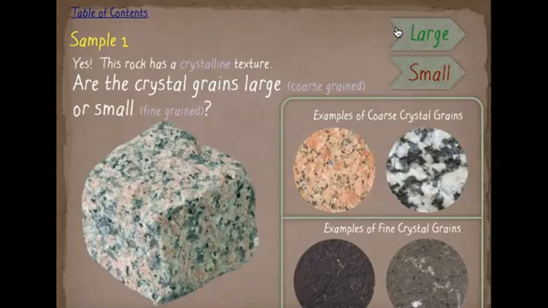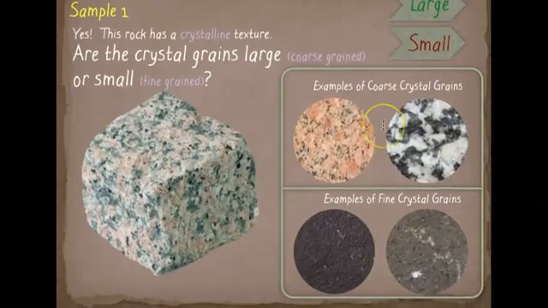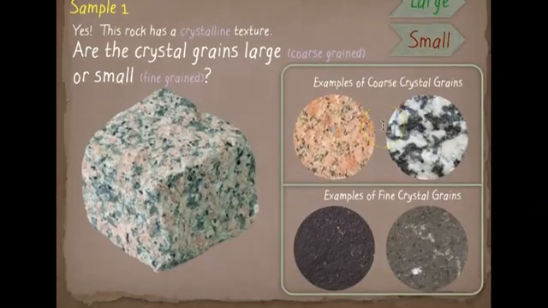Are the crystal grains large, coarse-grained, or small, fine-grained? And in this particular slide, it'll actually show you the difference. Is there one that matches above the other? Here's the example of fine grain, and here's the example of coarse grain.